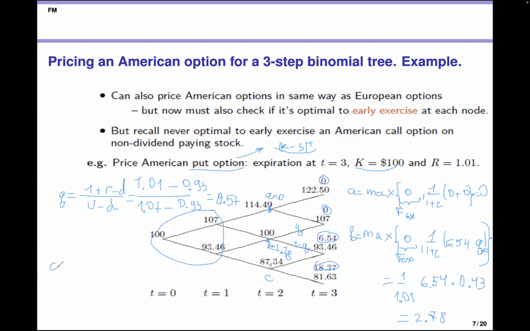And C equals the maximum between immediate realization and the price of waiting. Immediate realization, it is how much? 12.66.